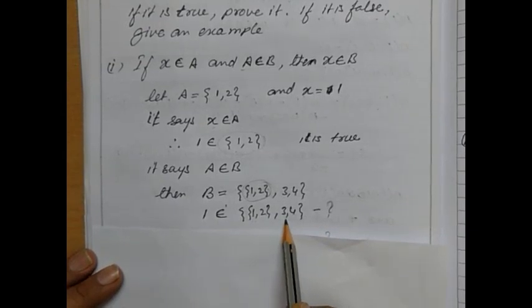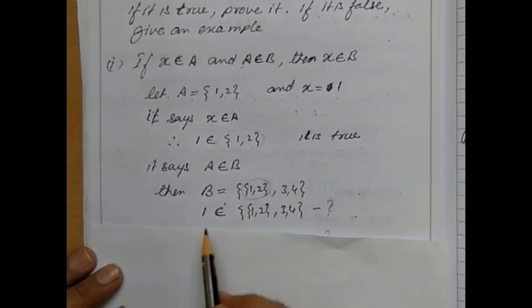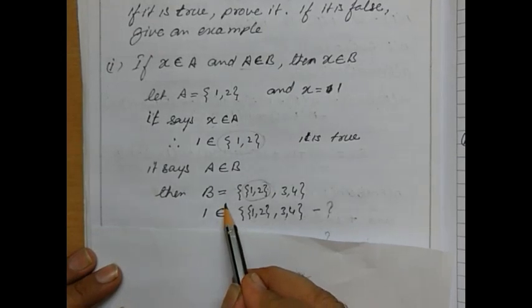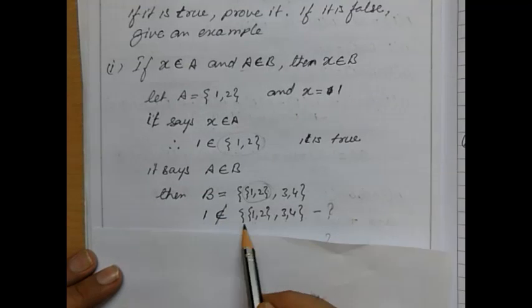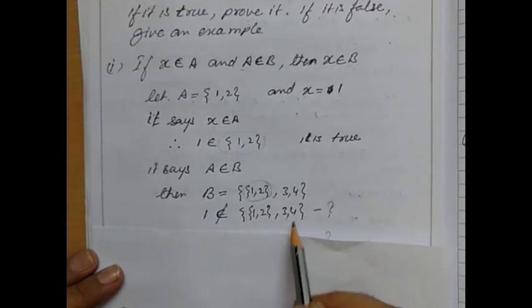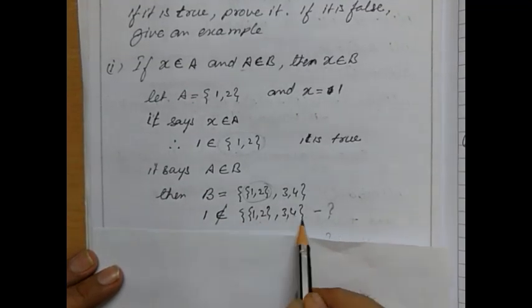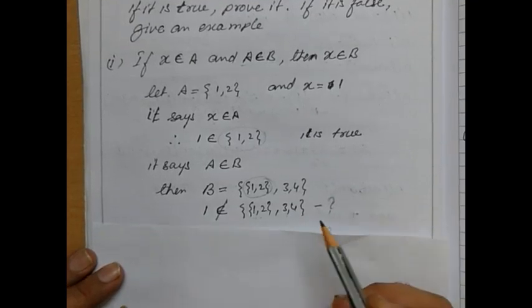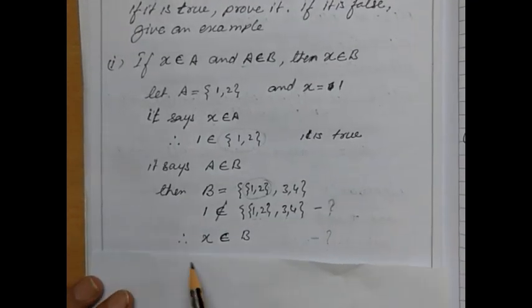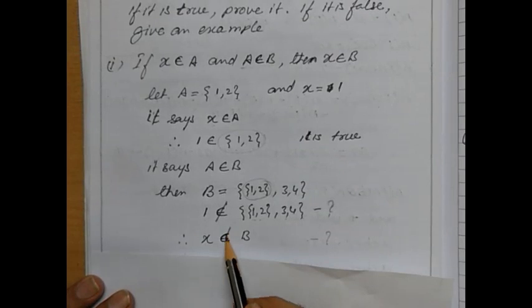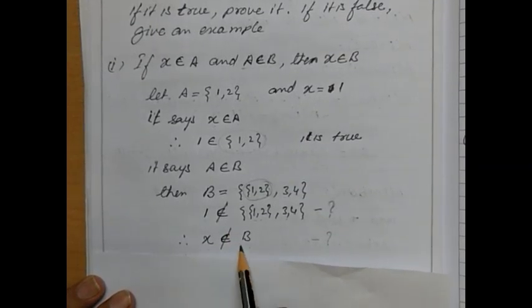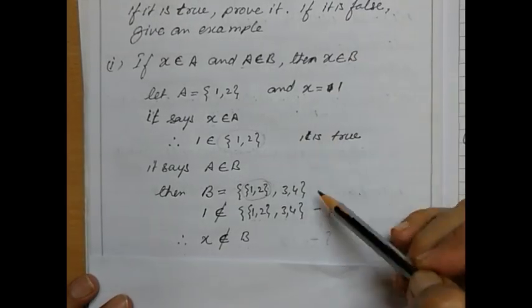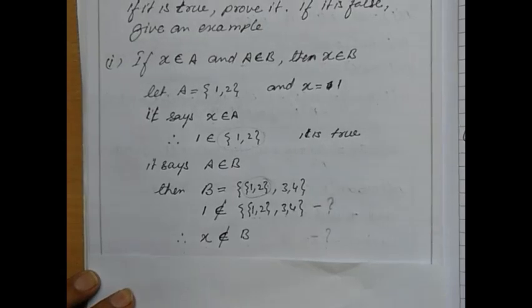Think about it. No, we cannot say that. I strike it off: 1 does not belong to this set because 1 is not an element here, isn't it? So here we can say X does not belong to B. Is that clear? X does not belong to B, so this whole statement will become false. I hope this is clear.